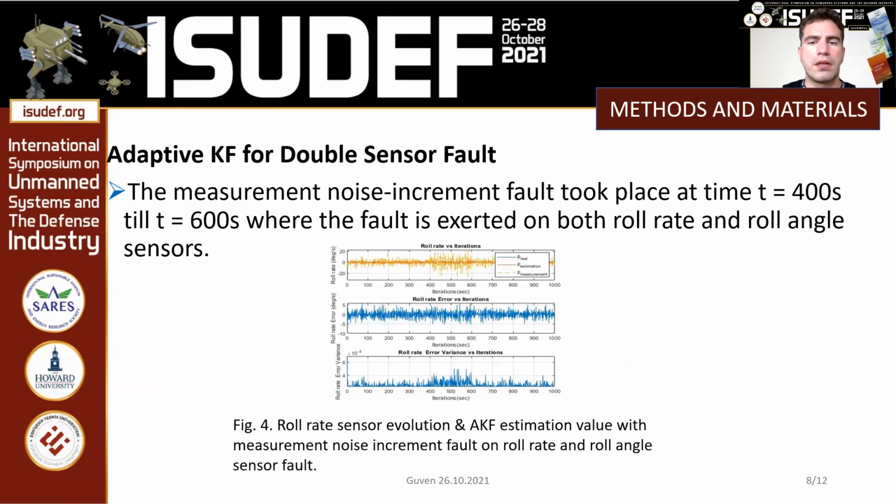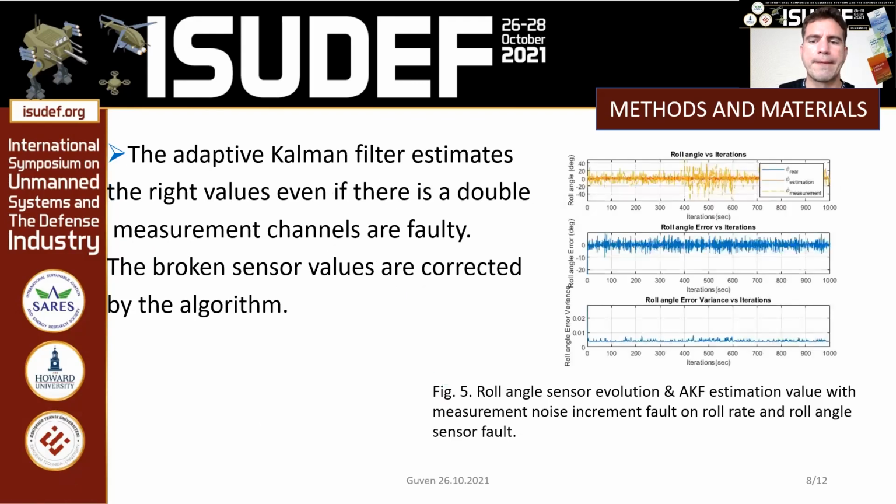Okay. In case of double sensor faults, we have two faults here: the first one is roll rate fault, and the following one is roll angle sensor fault. And you can see, even if there's a fault in the time period, the adaptive Kalman filter makes it possible to estimate fine values.